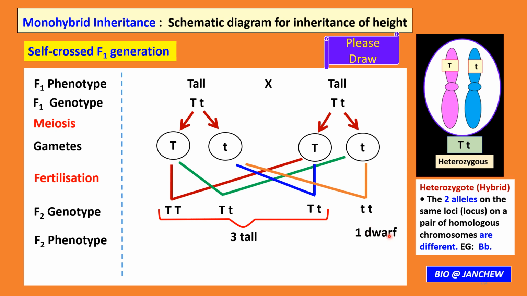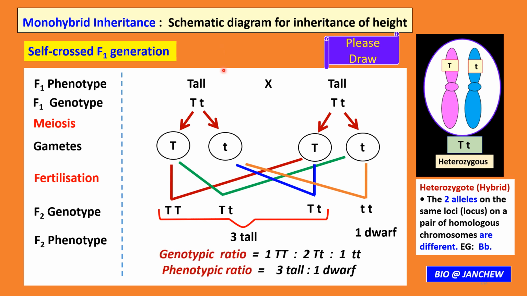So one dwarf. Next, we have to be able to write down the genotypic and phenotypic ratio. What do you mean by that? For genotypic ratio, look at all these genotypes and group them together into three types. For monohybrid inheritance, there are only three possible genotypes, and each genotype has two alleles.